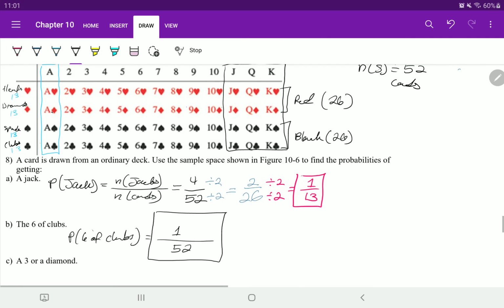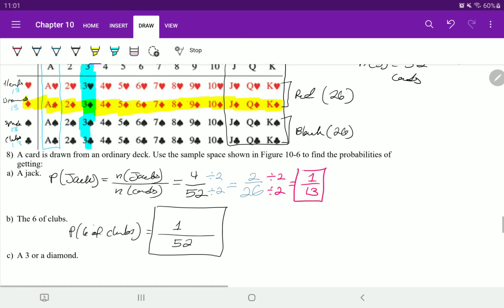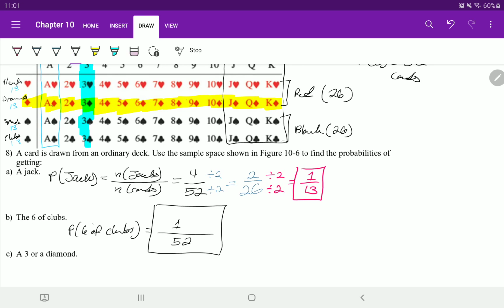Now, next we're going to find the probability of a 3 or a diamond. So it could be a 3. So we have 4 3s in the deck. Or it can be a diamond. Out of 52 cards, how many are a 3 or a diamond?